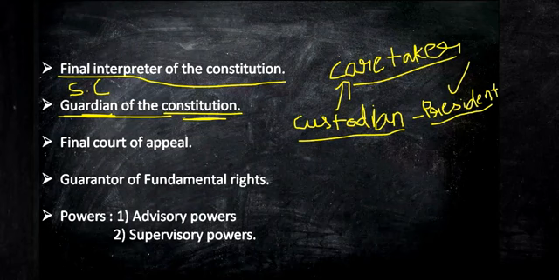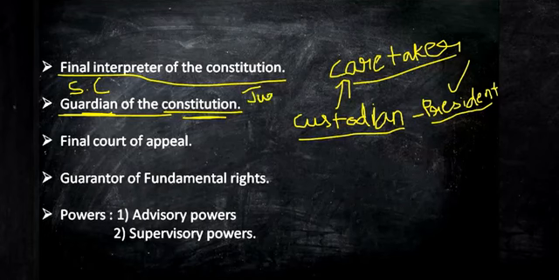Then it becomes the duty of the Supreme Court to validate whether that particular law is constitutional or not. And how does it validate whether that law or act is constitutional or not? The tool in the hands of the Supreme Court is judicial review.